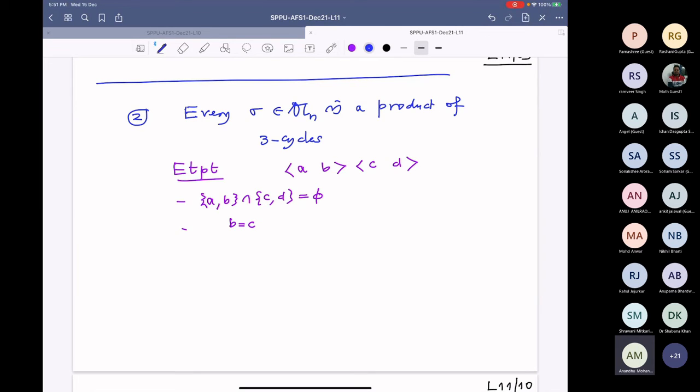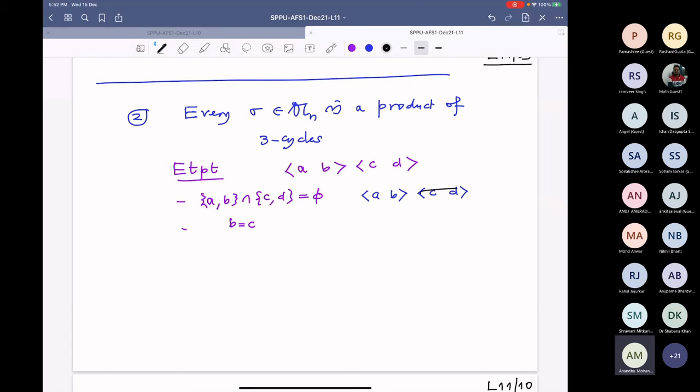And in the case when they are completely different, I will write this. AB, CD, and I want to make one element common in that.